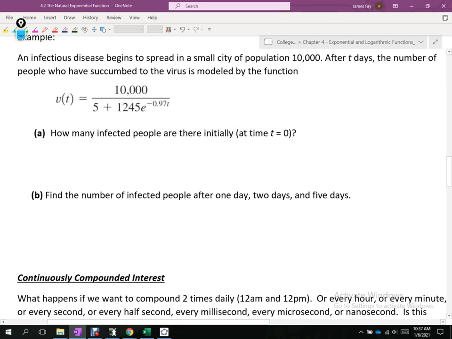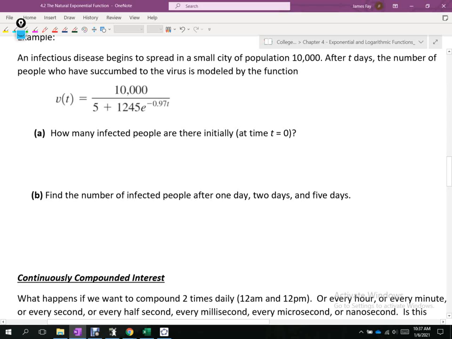And the question now is, how many people are initially infected? If we have this, by taking our raw data and creating this, we can now work our way back to data that we didn't have at the beginning. Because we didn't know that the disease was there on day 1, or instant 0, I guess. It wasn't maybe until day 2, day 3, day 4 that we actually find out that people are getting sick.